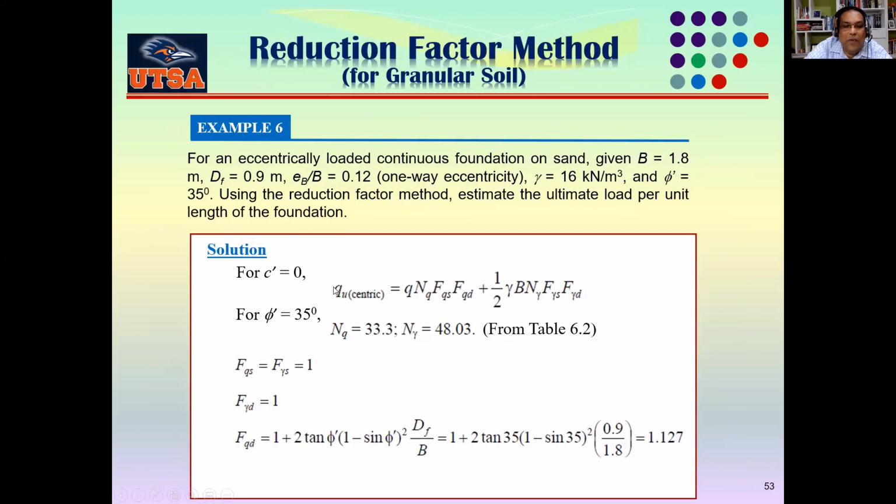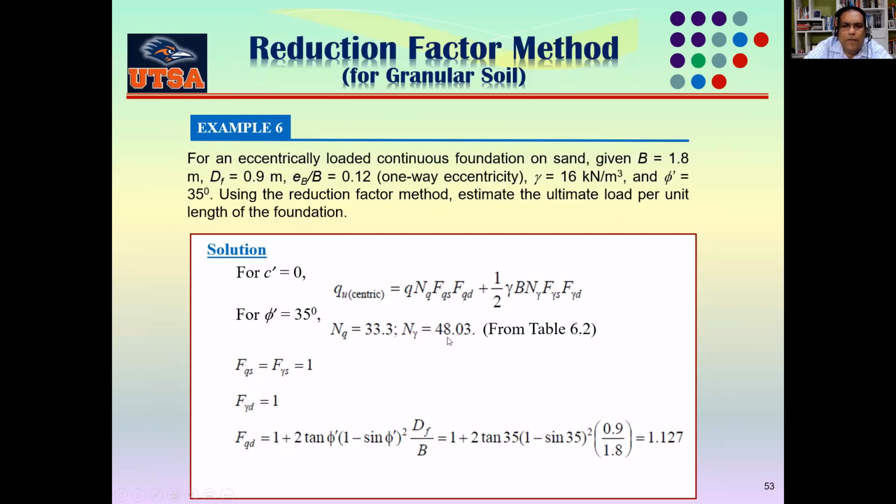Since this is only applicable for granular soil, cohesion is 0. So you can see for your Q_u centric, there is no cohesion term here because c equal to 0. So you have these two terms here, okay? Once your phi prime is equal to 35, your N_q is 33.3 and N_gamma equal to 48.03. That you are getting from table 6.2, okay?